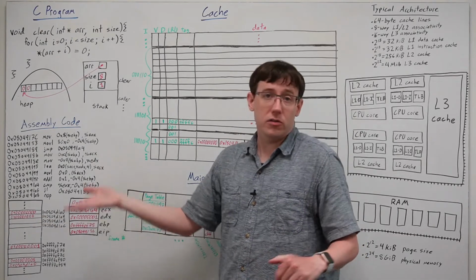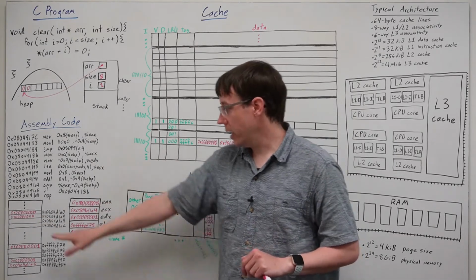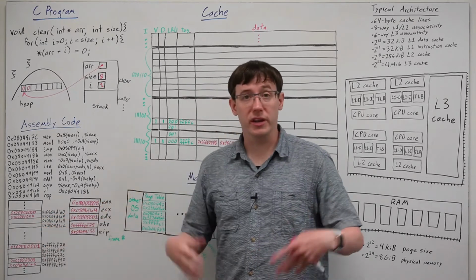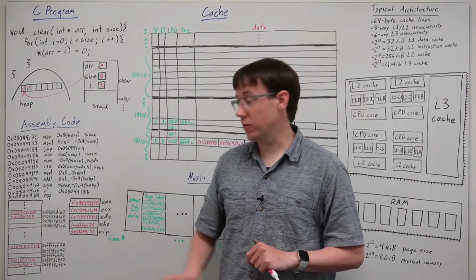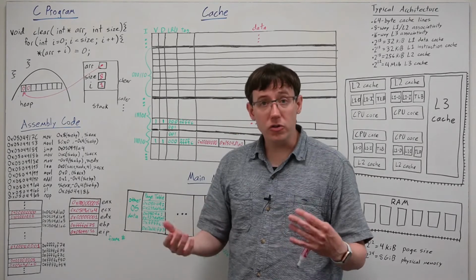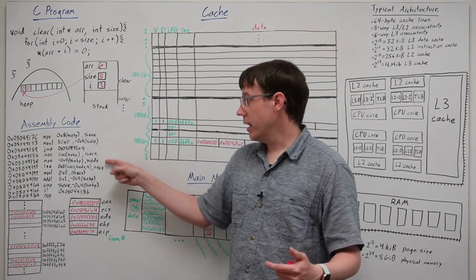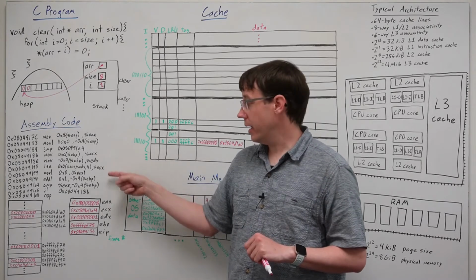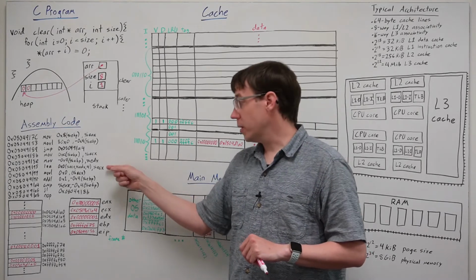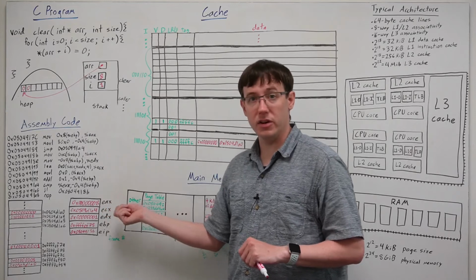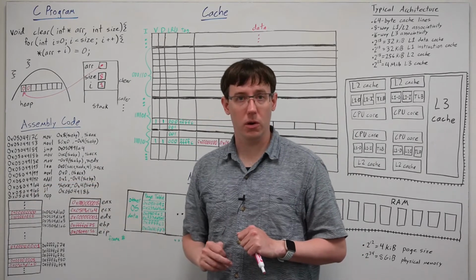Subsequent iterations of the loop proceed similarly, and will fill in zeros to the next several memory locations in the heap segment. Each time we will retrieve the initial value of the pointer and the current value of I, and then we will compute the offset to tell us where to put the value 0.